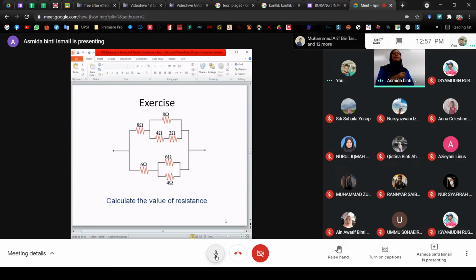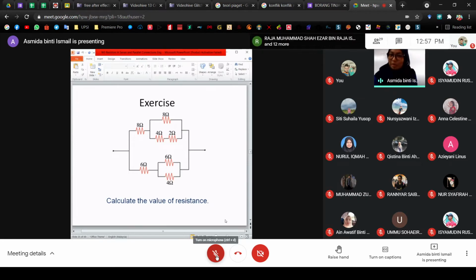Okay, but for that this exercise, berapa awak dapat? What is the value of the total resistance yang you calculate? 20 point? Ada yang dapat lain? Cakap je lah.